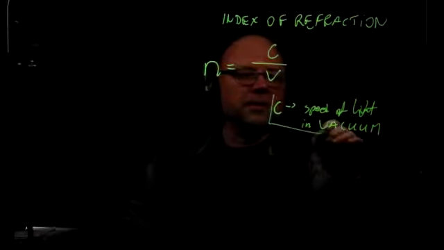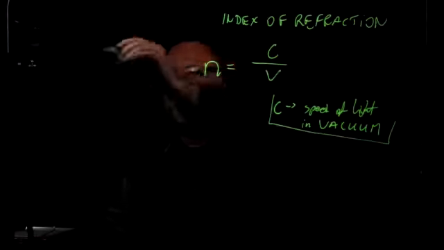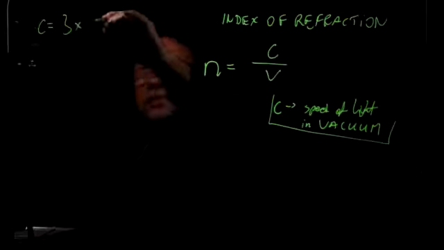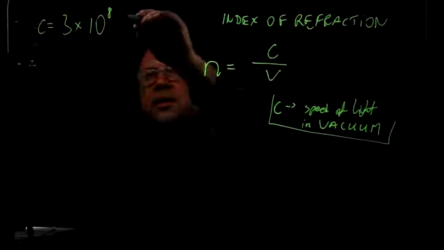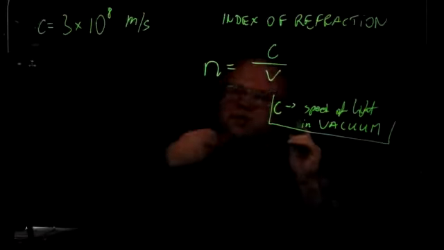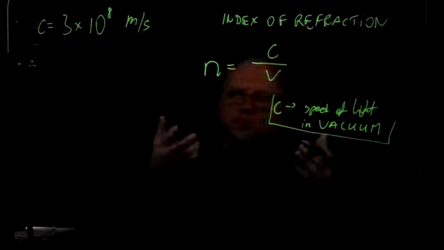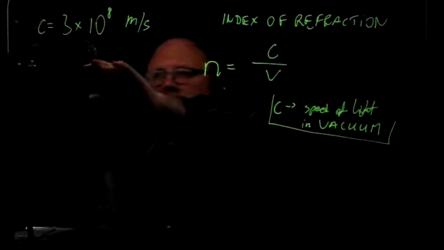That's the speed of light in the vacuum, and C equals 3 times 10 to the 8 meters per second. So that's quite fast. This is the highest speed that anything can travel, the speed of light. What is the 3 times 10 to the 8?